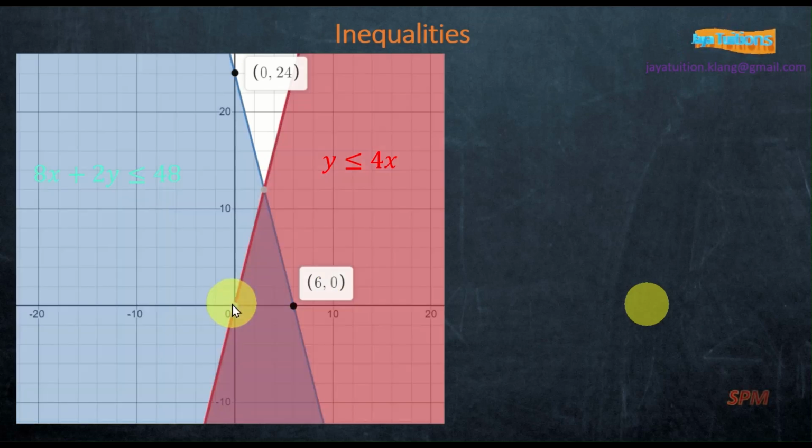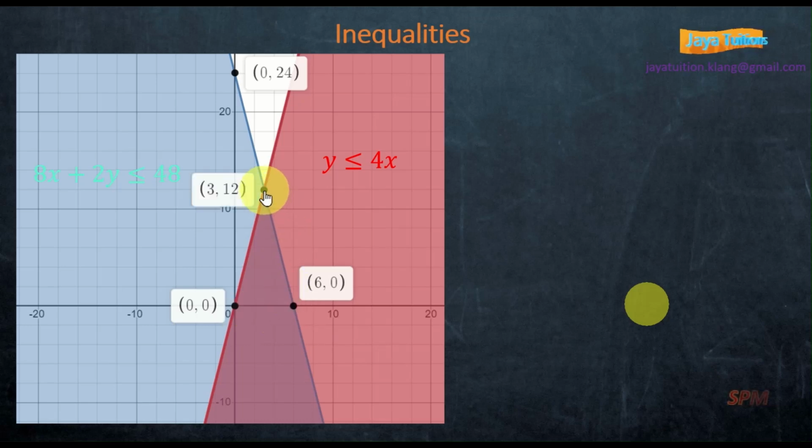Another point over here is 0, 0. The y-axis represents the number of apples and the x-axis the number of watermelons. So the maximum value of y under this graph will be 12 when x is equal to 3.